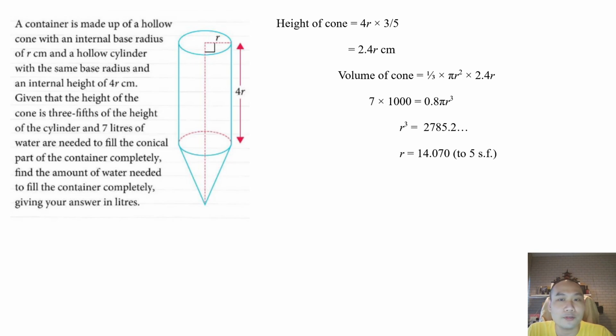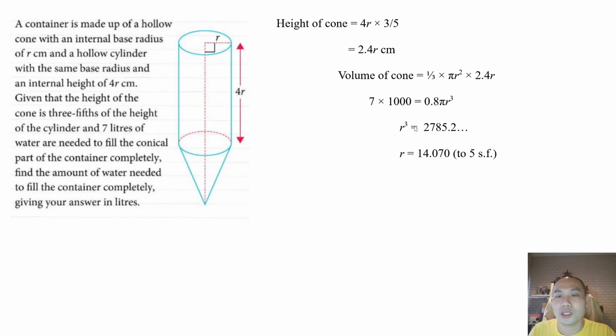So we have the height of the cone in terms of r, and now we can find the volume of the cone because we already know it's 7 liters. The volume of the cone is 7 times 1,000 cubic centimeters, and it's also the same as the formula, 1/3 pi r squared times the height, which is 2.4r, and that works out to 0.8 pi r cubed.